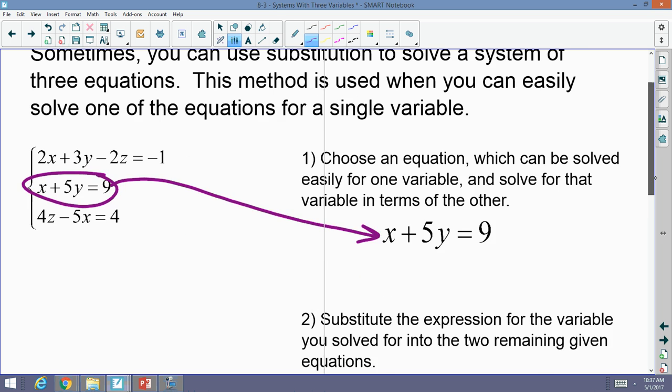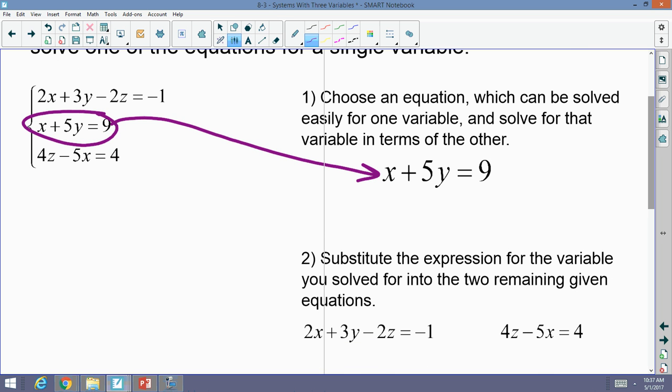Now let's solve for x. x equals negative 5y plus 9. So far, so good? So I know what x equals. I've used the middle equation.